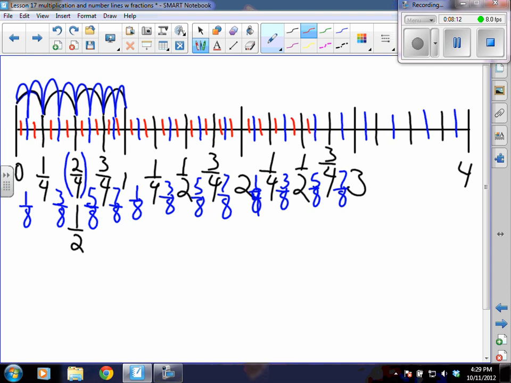And now the idea that we want to focus on is how many segments, how many sections do we have? And so we're going to go 1, 2, 3, 4, 5, 6, 7, 8, 9, 10, 11, 12, 13, 14, 15, 16 to get all the way across from 0 to 1.